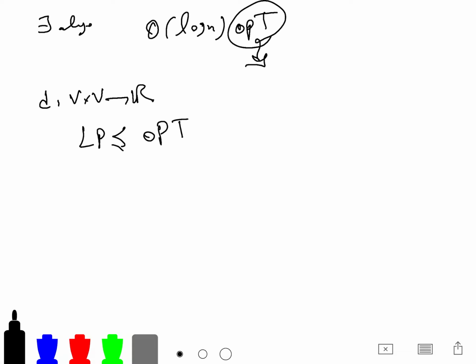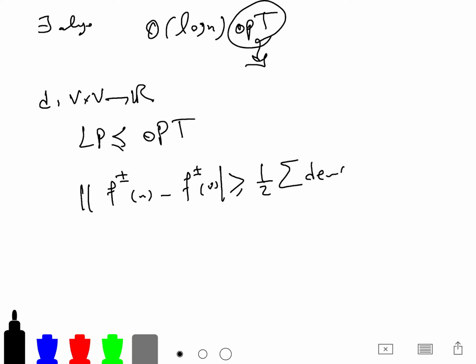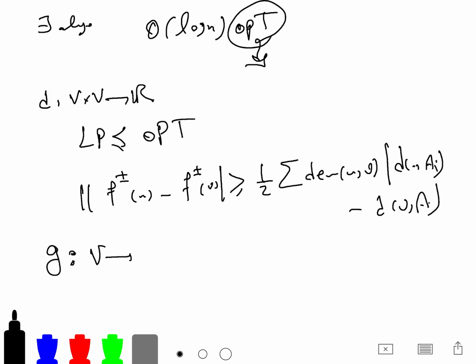And we just apply the theorem about metric embedding that says that F plus minus A of U minus F plus minus A of V is greater than demand of U and V, D of U and A_i minus D of V and A_i. And now from F you can create that G that I promised you.